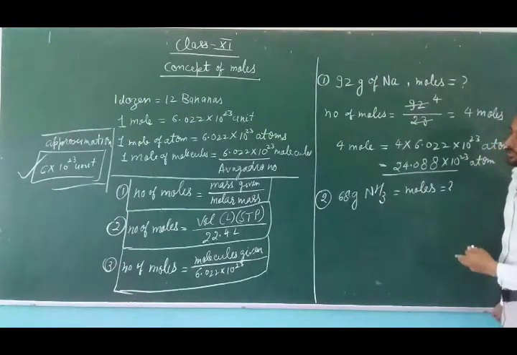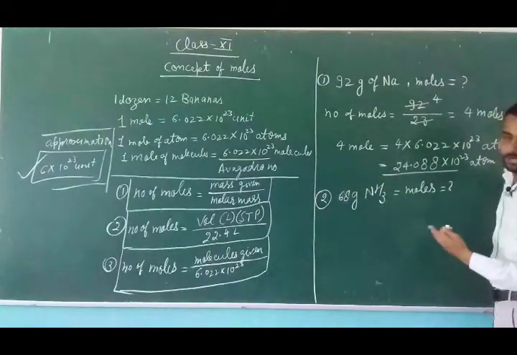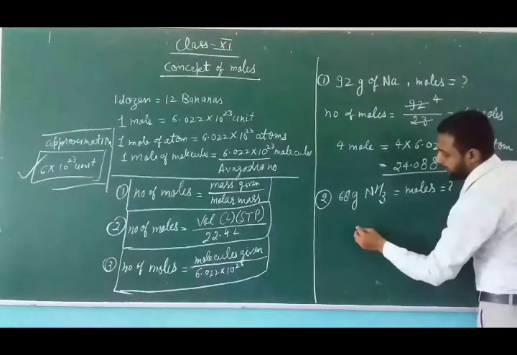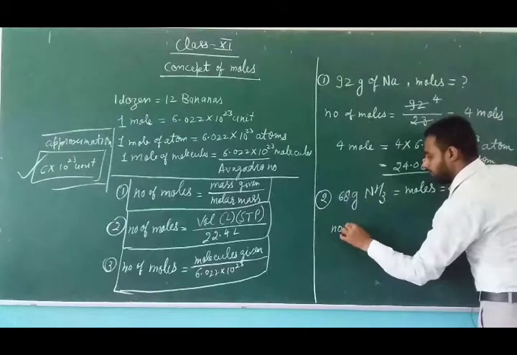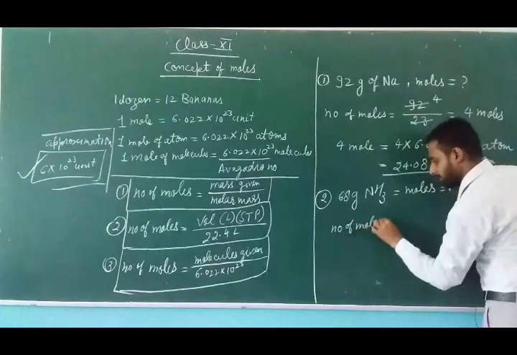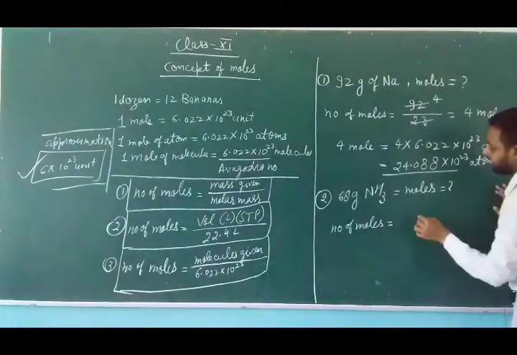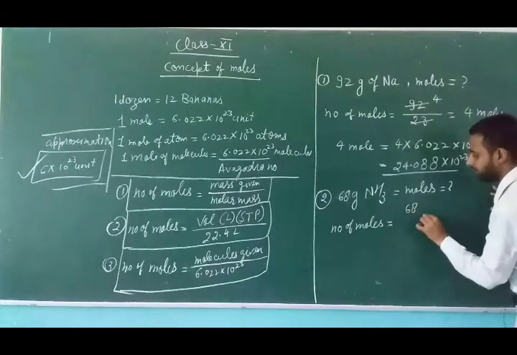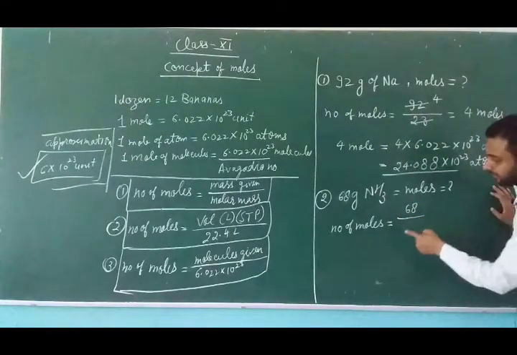Now you can solve this question by using formula number 1. Number of moles is equal to mass given, which is 68, upon molar mass.